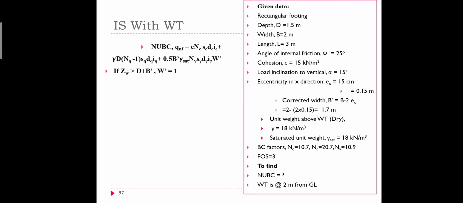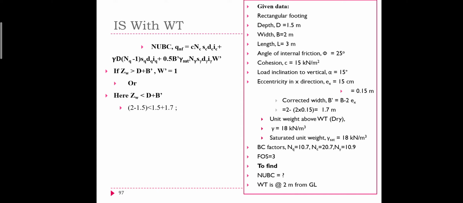If Zw is greater than D plus B dash, then W dash is 1. We know that. If it is less than D plus B dash, then we go for this. Now what is Zw? It's the distance between the base of the footing and the water table.